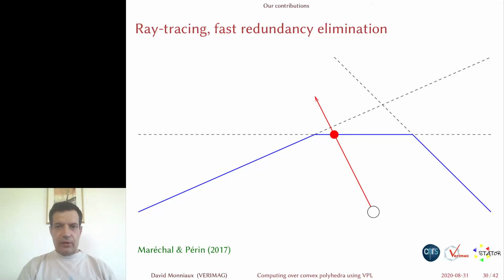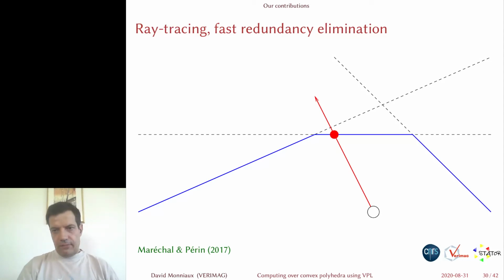First, we have a fast redundancy elimination algorithm by so-called ray tracing. The idea here is that we do not improve on the worst case behavior, because in general, in the worst case, this will degenerate to performing the linear programming calls that I was talking about. But in many cases, it solves these redundancy problems right away.